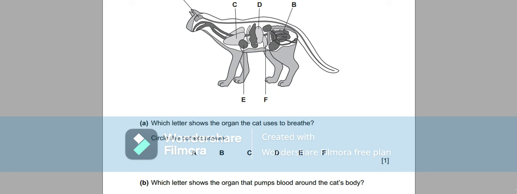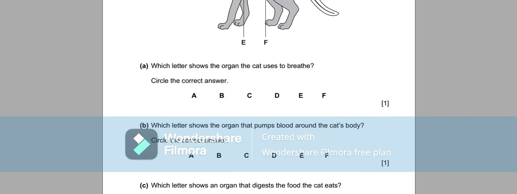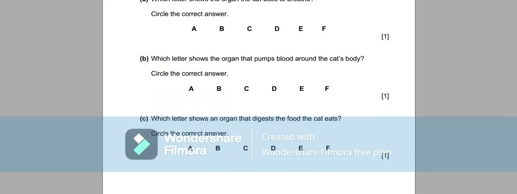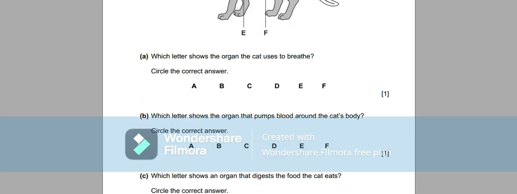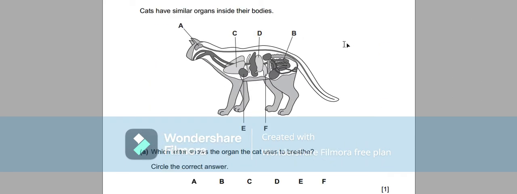It is E, right? Then we proceed on to the next question, which is saying which letter shows an organ that digests food the cat eats. This is about digestion, the digestive system. So the organ that digests food, we're looking at the stomach, right?